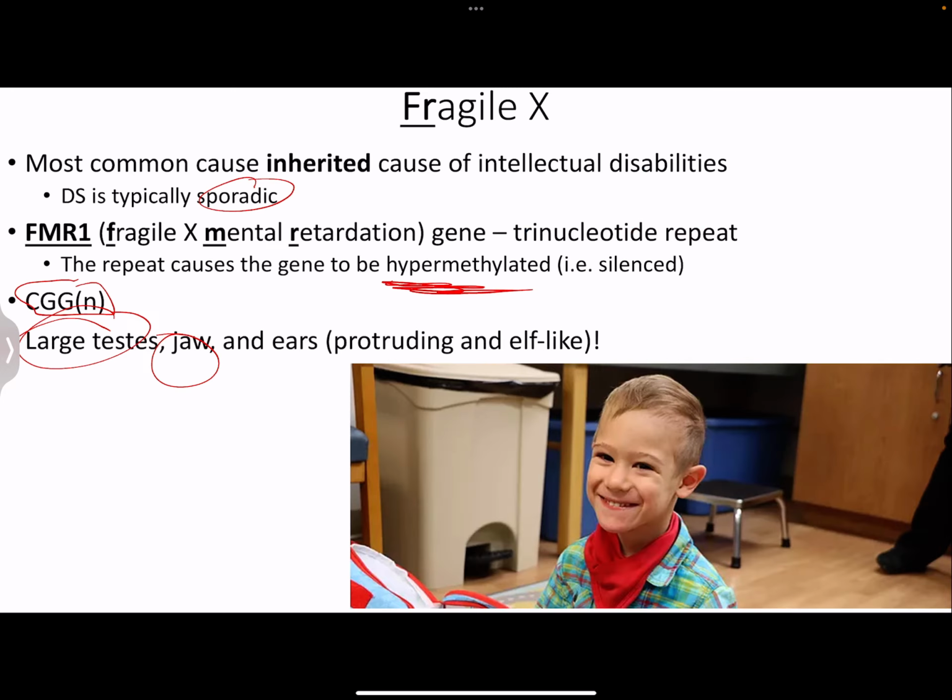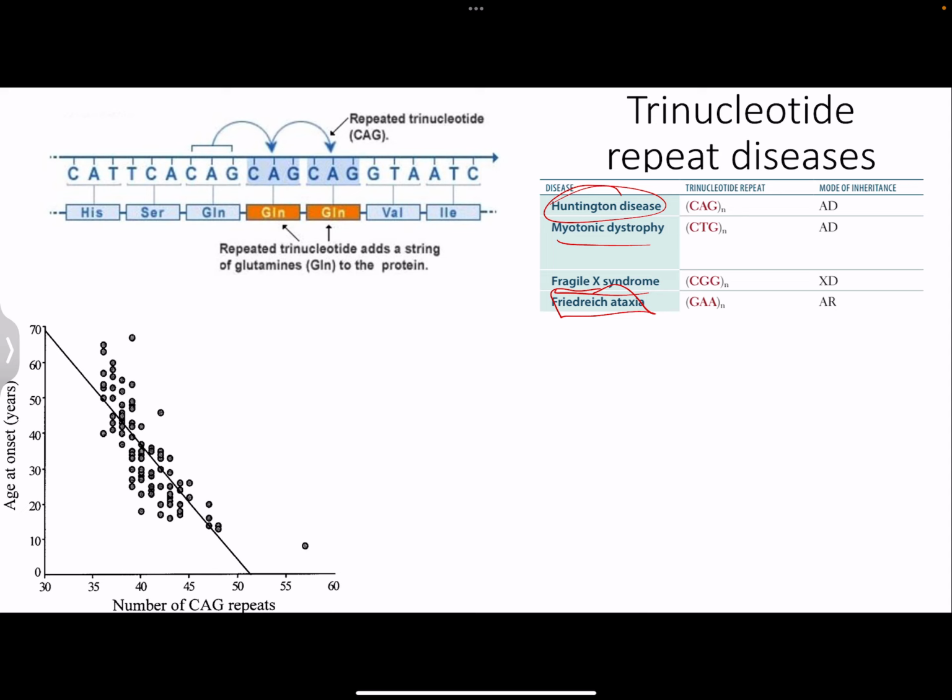Trinucleotide repeat diseases. Huntington's is going to be really common, highly tested. We've done Fragile X and myotonic, so just Huntington's and Friedreich. For all of these, the more repeats you have, the more severe the phenotype is. So this is for Huntington's and CAG repeats.